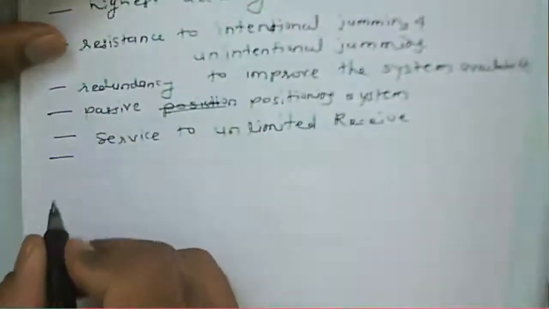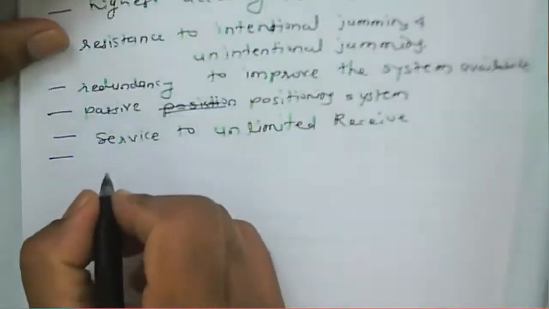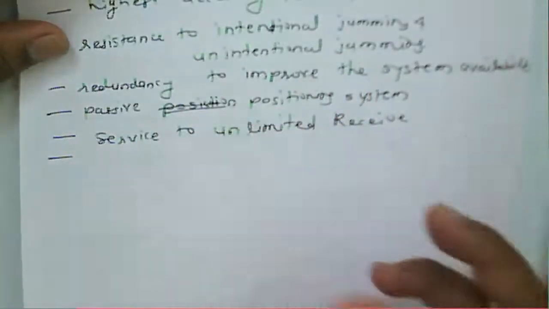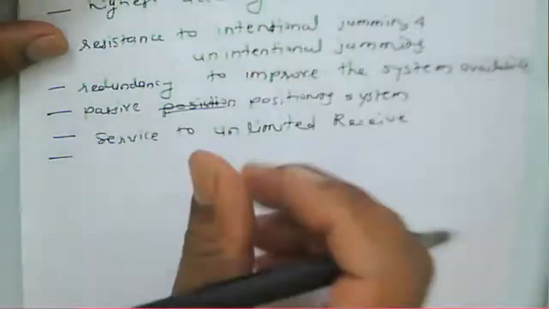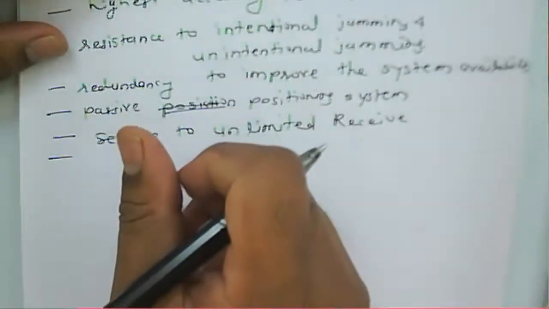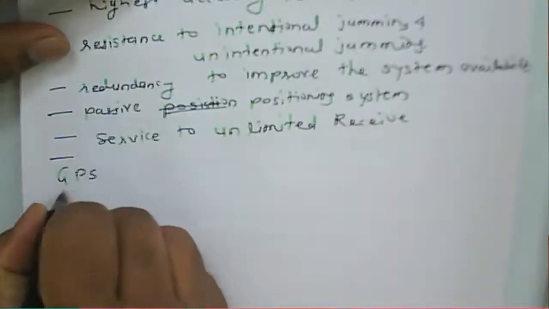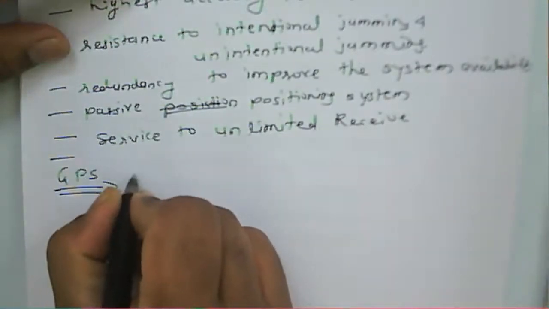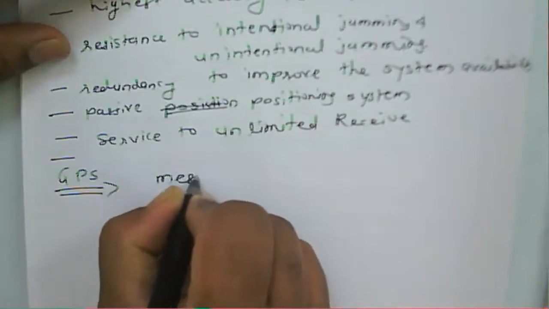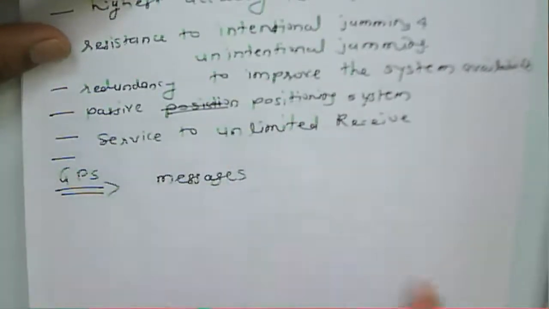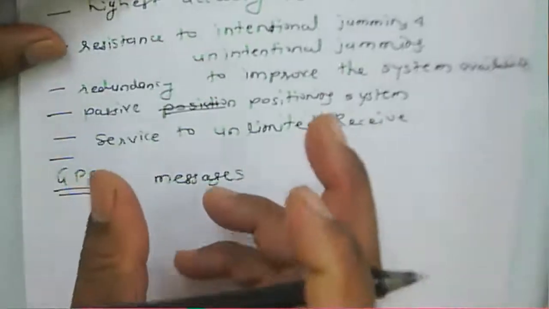So in this GPS system, the signal has the information of timing. The GPS system will send a particular message.